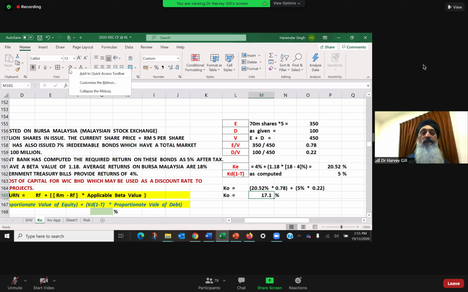So please remember, cost of capital is just our guideline. Yeah, it's our guideline to tell us that this required return from investments must be more than 17.1%. In practice, you will find that our discount rates are often 2-3% higher also. So if we, let's say we got a calculation of 17.1%, our discount rate could be easily 20%. Yeah, many American and European companies actually they bump it up 2 or 3% higher.